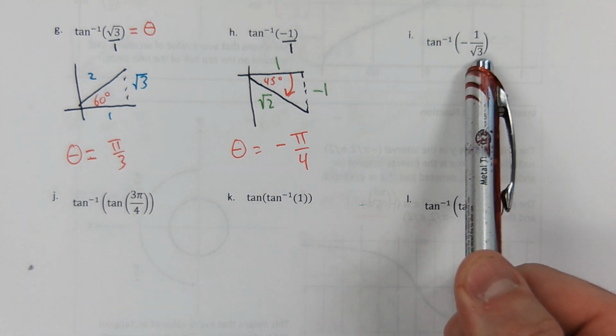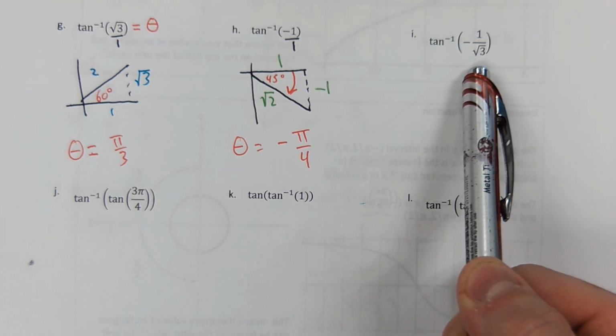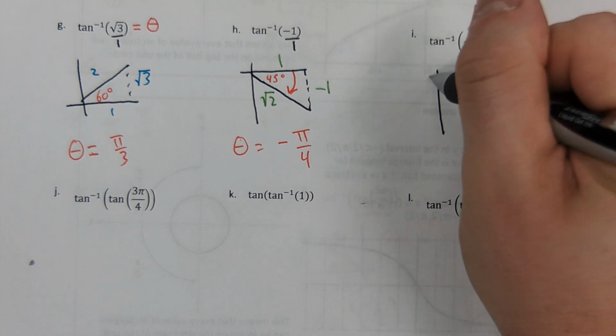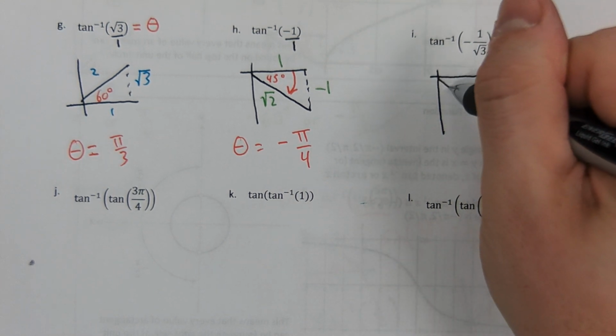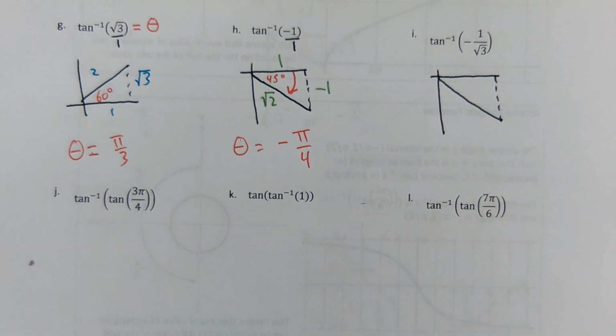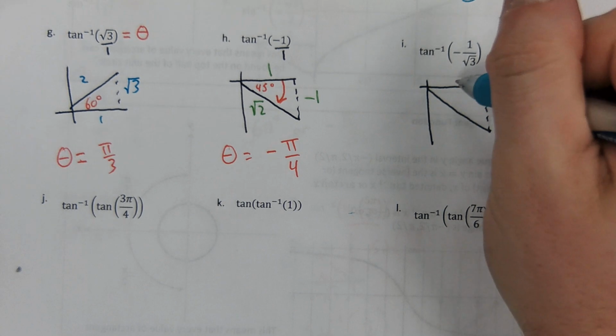Y over r, negative. Where am I going to draw this? Quadrant -1. Good. All right. Y is negative in quadrant -1.